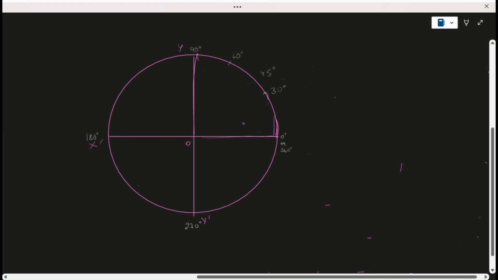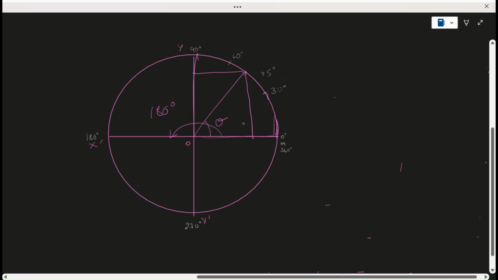If we take this complete angle, this will form 180 degrees. Now what do we see here? If this is theta, this is our perpendicular and this is our base.